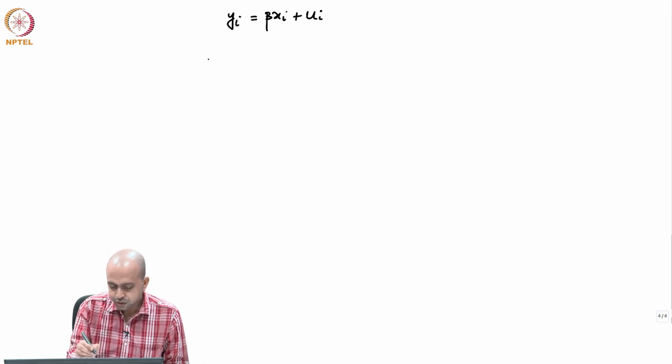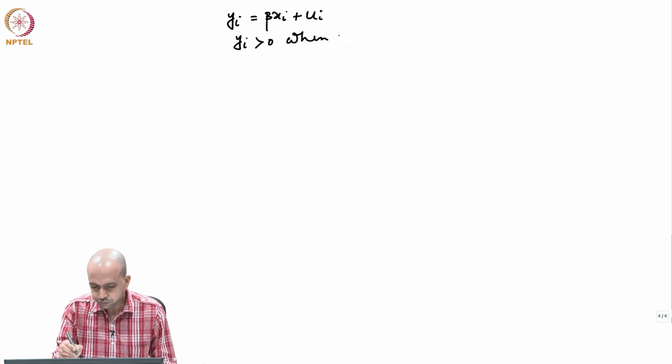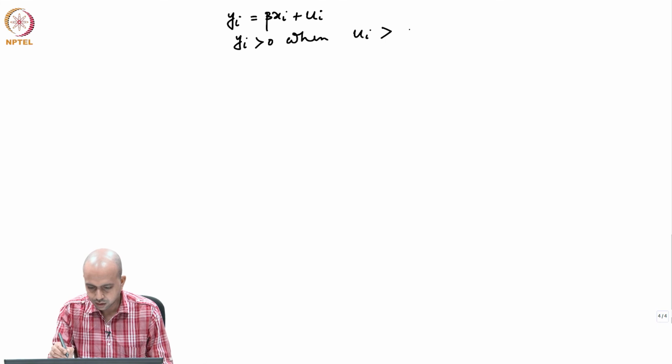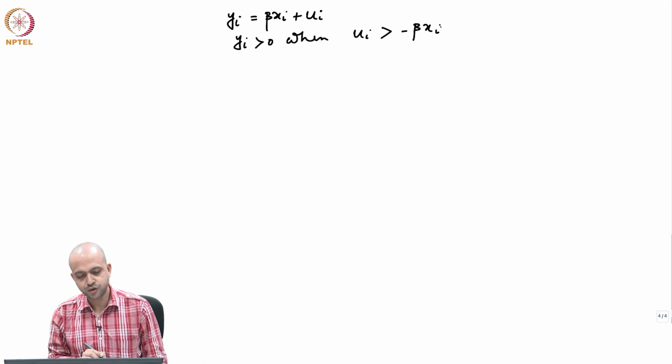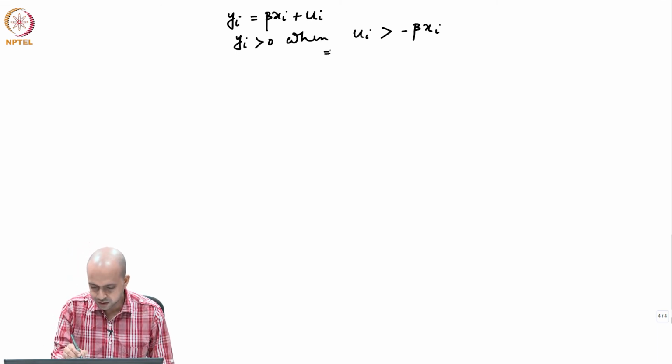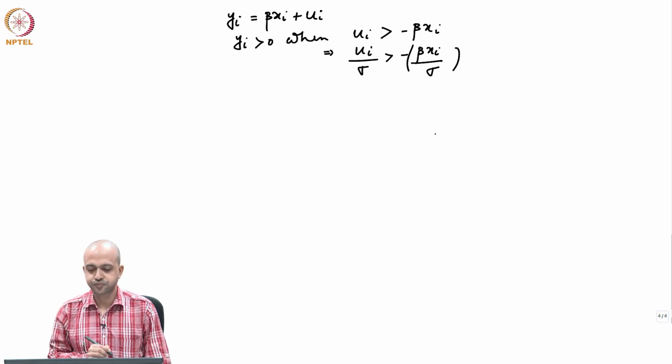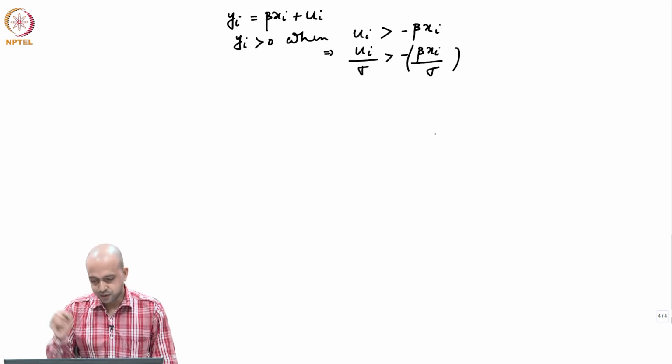So, yi is greater than 0 when ui is greater than minus of beta xi, which says that ui by sigma is greater than minus of beta xi by sigma.